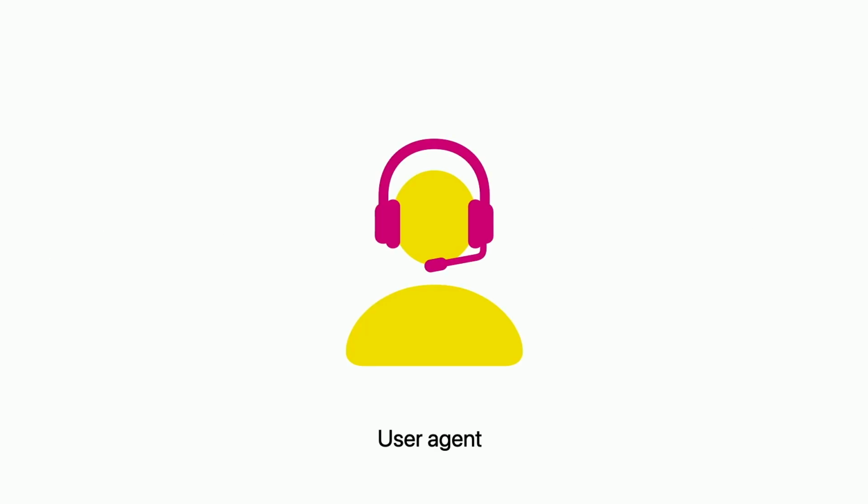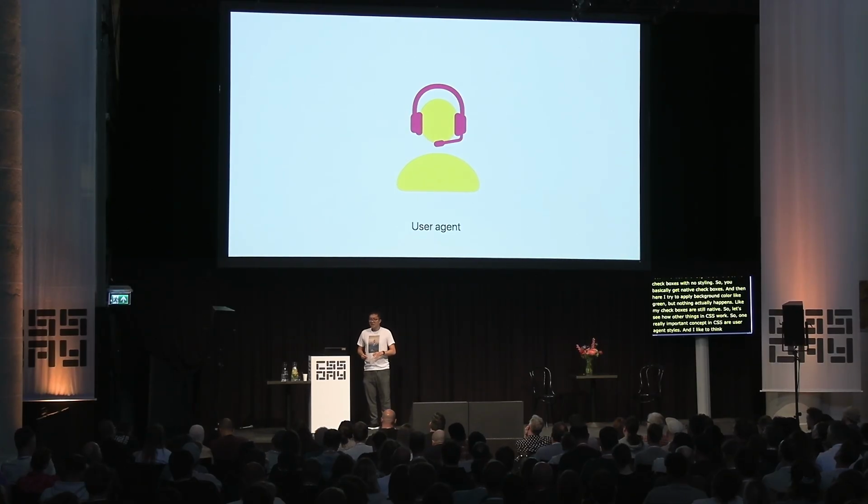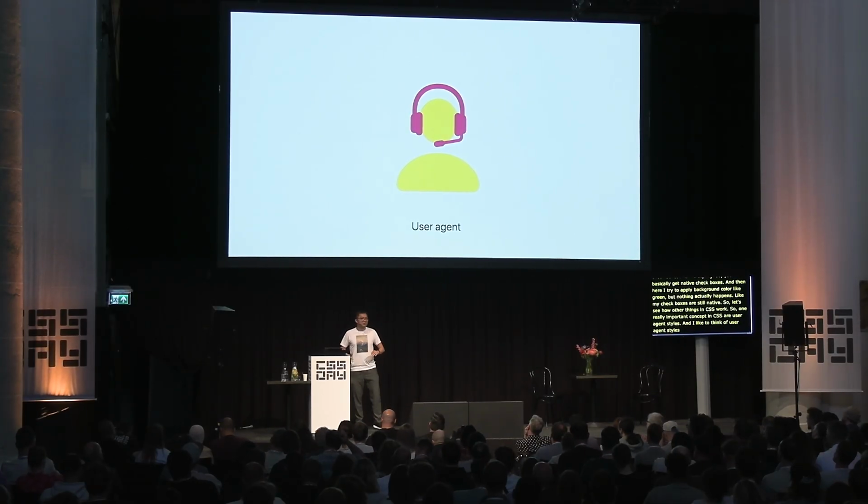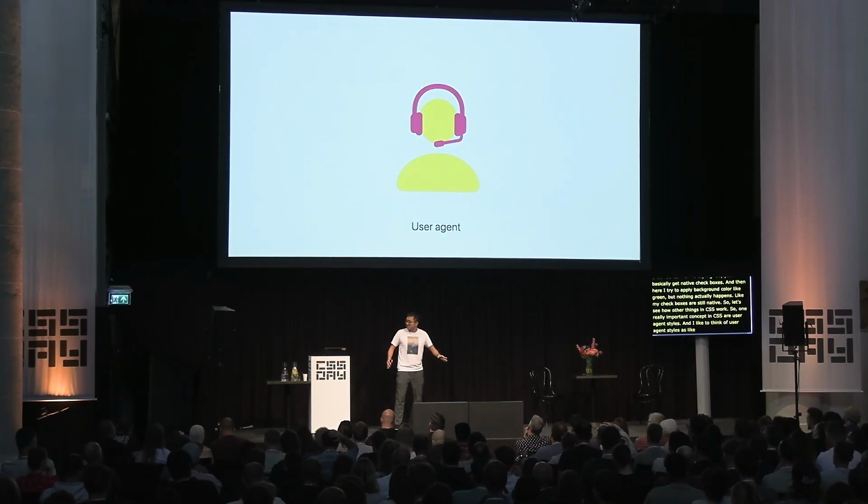One really important concept in CSS are user agent styles. And I like to think of user agent styles as like customer service. You know, you don't know what the outcome is going to be, and it tries to help you, but you don't know what the outcome is going to be like.